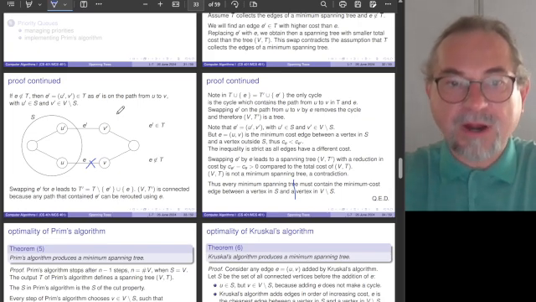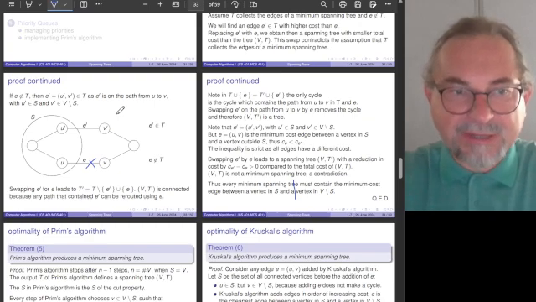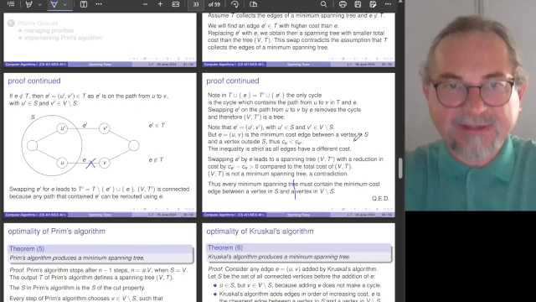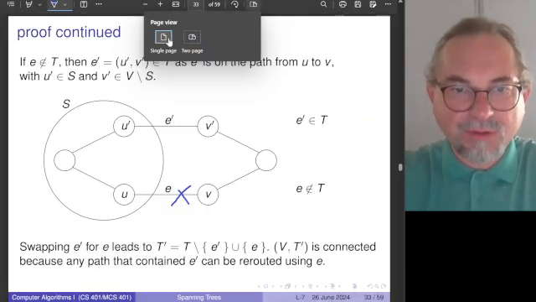So the T prime that actually contains E is the spanning tree. The words have it correctly on the slides. I'm sorry if I misspoke a little bit.